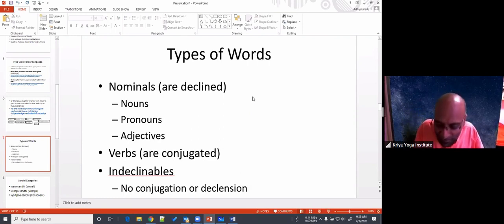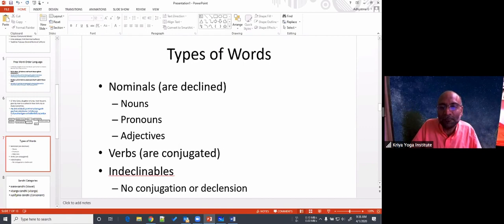So despite Sanskrit having millions of words, all the words can be divided into three categories, which is quite amazing to say. So nominals, they are declined.